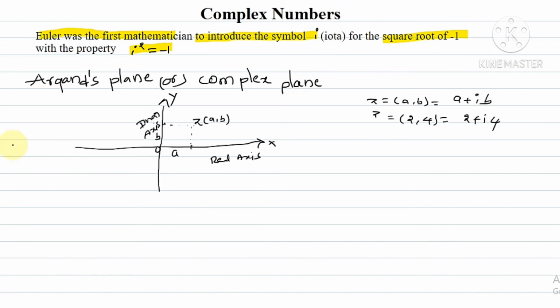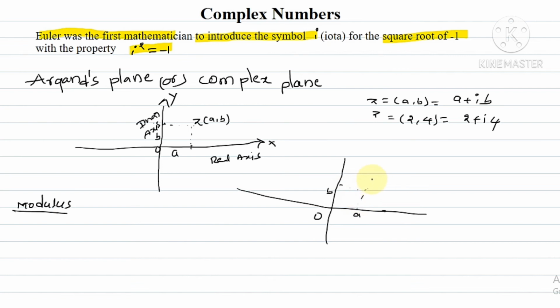Okay, next I want to discuss modulus. Right, modulus. So in the same plane, here I am drawing the same plane, which is O. So this is a units and this is some b units. This is the point.